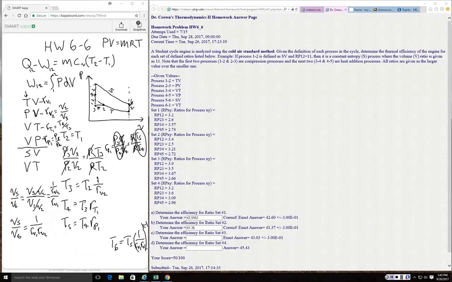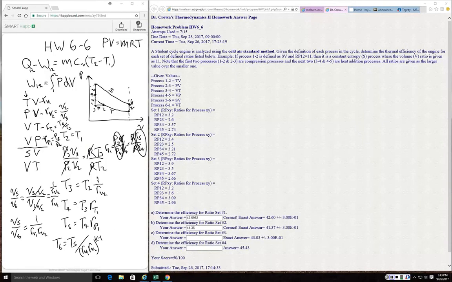So finally, T6 equals T5 divided by RV1 RV2 to the K minus 1. Okay, so now I have all my equations for temperature.